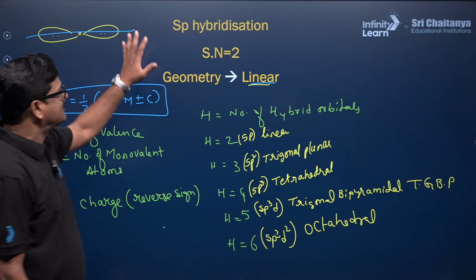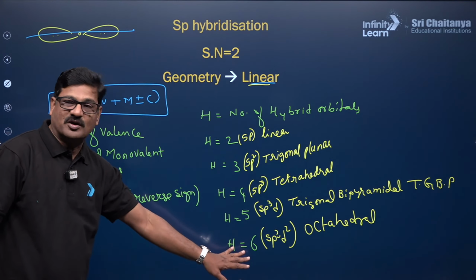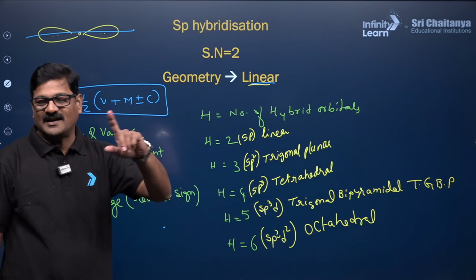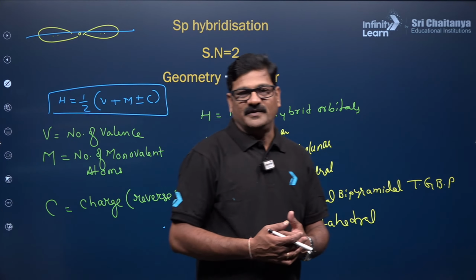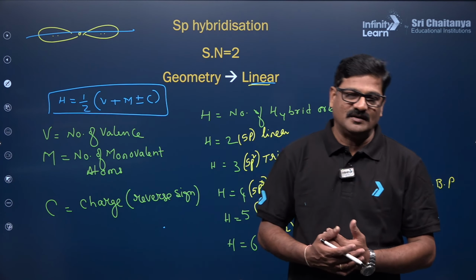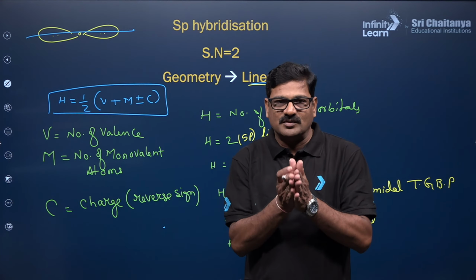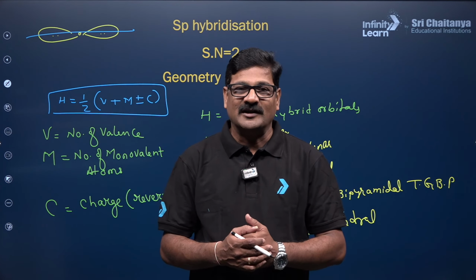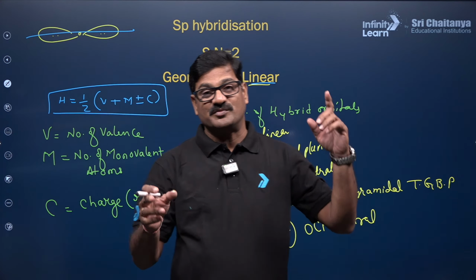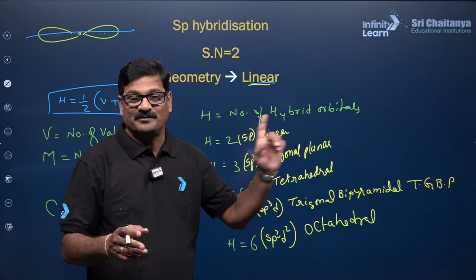So in total, in VSEPR theory, these are the regular geometries you are going to have. Exactly, Betu, what you said is correct. My dear children, if you study VSEPR theory, it is going to be a backbone of chemical bonding. Not only chemical bonding, total inorganic chemistry is based on this VSEPR theory.